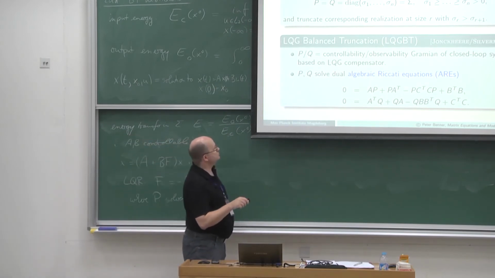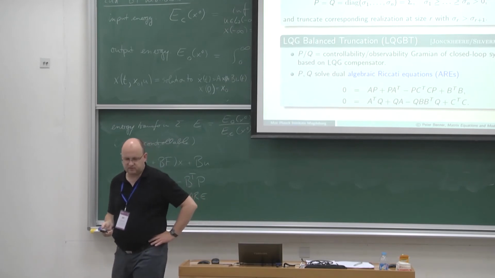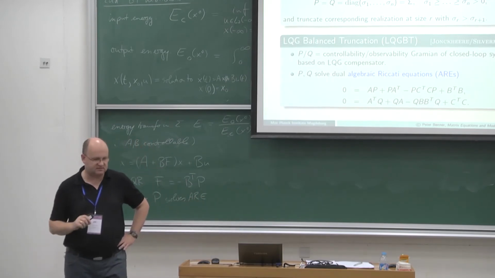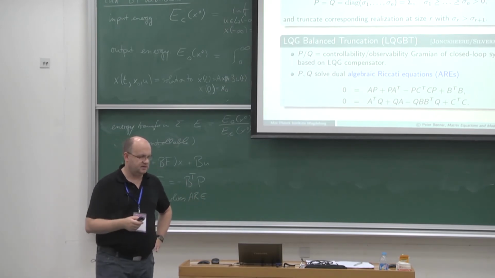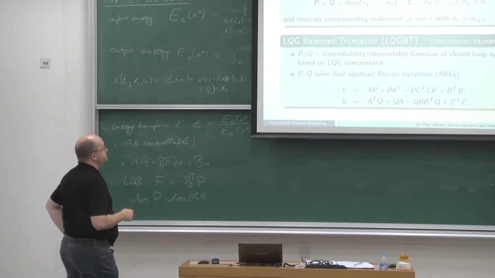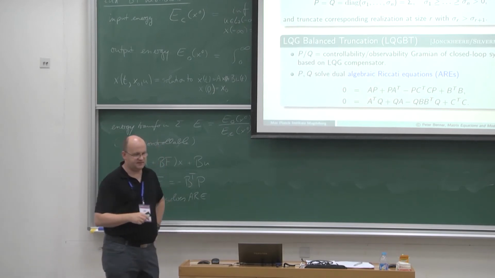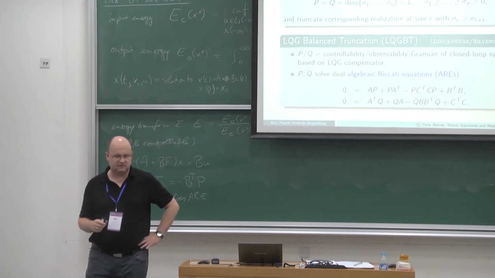So the solution structure of these Riccati equations was an issue of research that was basically solved in the 80s and 90s of the last century. There are many papers. There's a book on algebraic Riccati equations by Peter Lancaster and Leiba Rodman.